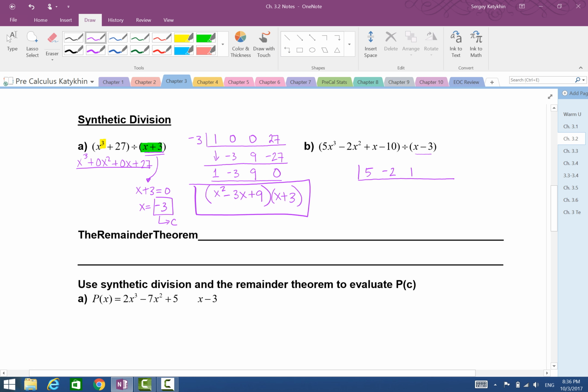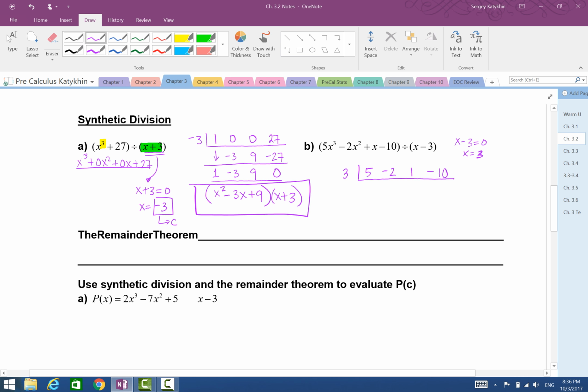And then your last one is -10. Remember, how do I get this number? Well, that number comes from solving for x. So x minus 3 is equal to 0, and x is equal to 3. So my value here is actually going to be 3. So that means I can get rid of that, and now I'm going to divide that 3 into those things.